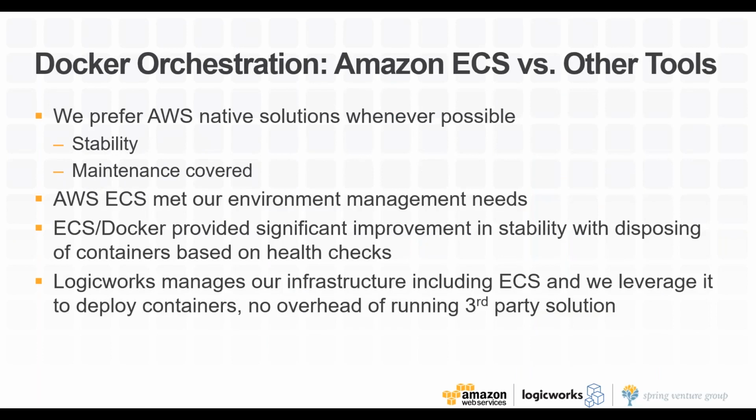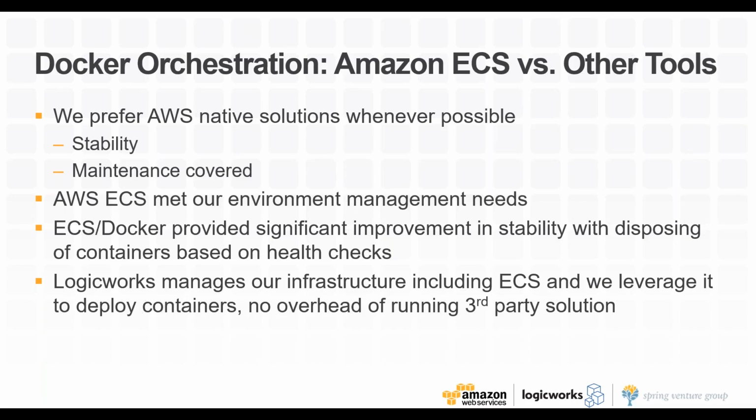So Docker orchestration, there are many different options out there. We chose Amazon ECS for our orchestration, and we made a conscious decision when we moved towards AWS. We made an investment in it, and we wanted to make sure we leverage AWS native solutions wherever possible. Again, we wanted to focus on the development, not the operations.